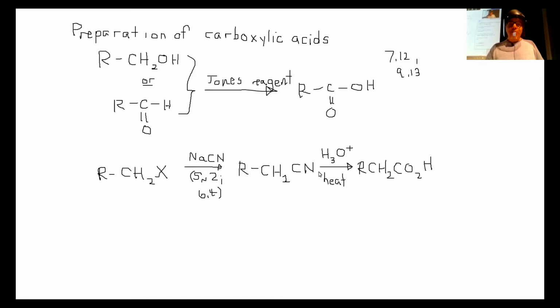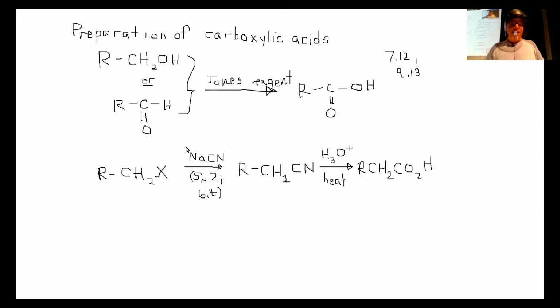And the reason I bring up nitriles is we do know a very good way of making nitriles. We can do an SN2 reaction on an alkyl halide, preferably primary. So X here will be a halogen, iodine, bromine, or chlorine would all work. Treating with sodium cyanide, the cyanide ion is an excellent nucleophile. Remember again that when you see an alkali metal salt, the alkali metal ion is just a spectator ion. It's not going to play any role in this reaction whatsoever. It's just going to float around and watch.